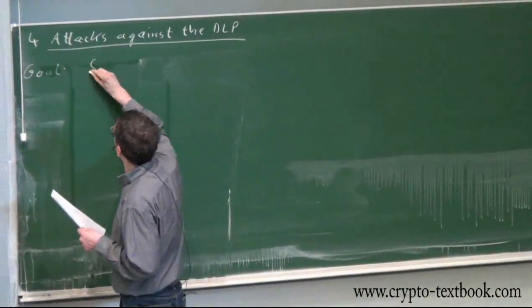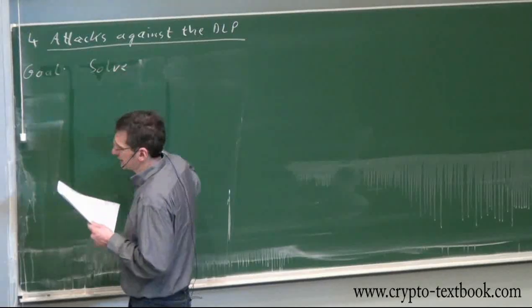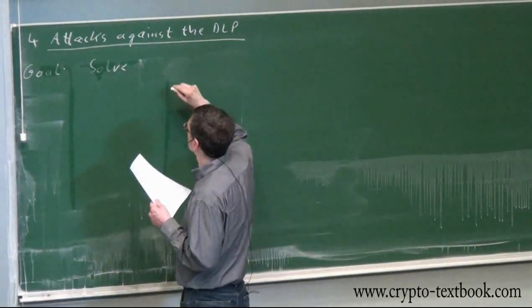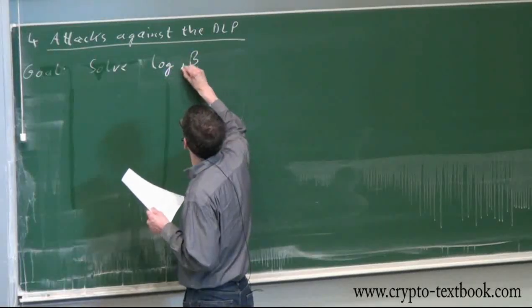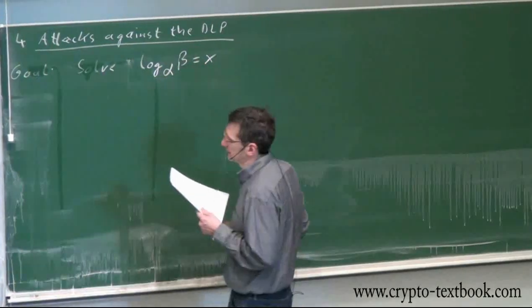So what we want to do as an attacker, as an Oscar, we want to compute a discrete logarithm in this way here.